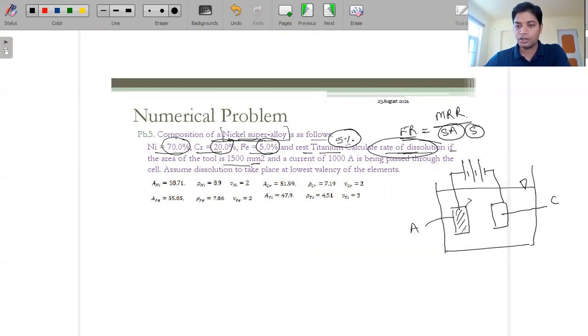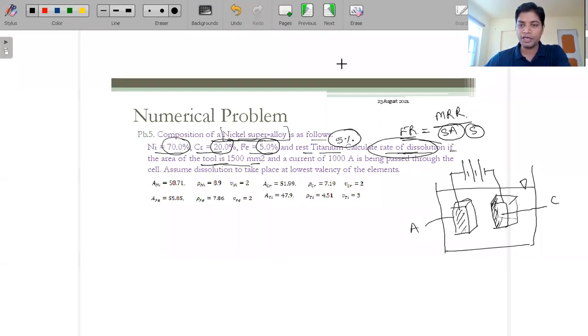Now here it is talking about the area of the tool. So this will be the area of this side. So this area is 1500 mm square.